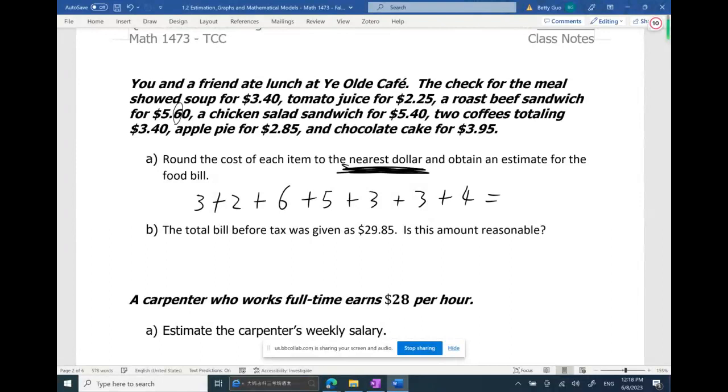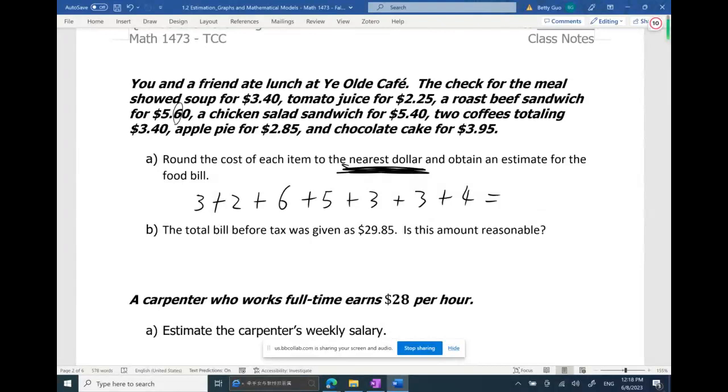So let's count how many items we have. 1, 2, 3, 4, 5, 6, 7. Yeah, we did not omit any items. So now we're going to add all those whole numbers together.